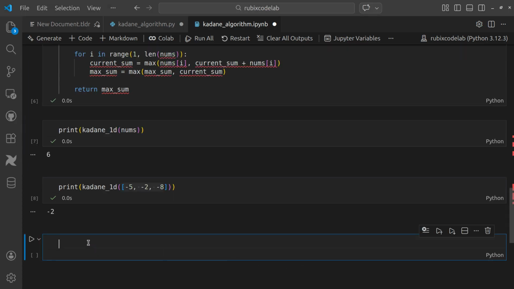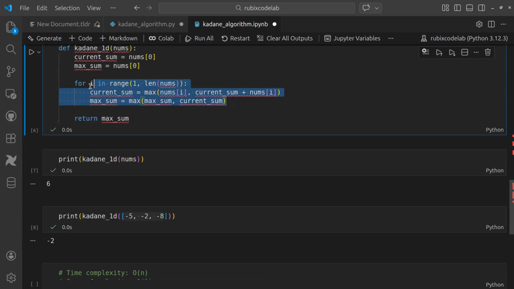Now let's look into the complexities, time and space complexities. We traverse the array once.